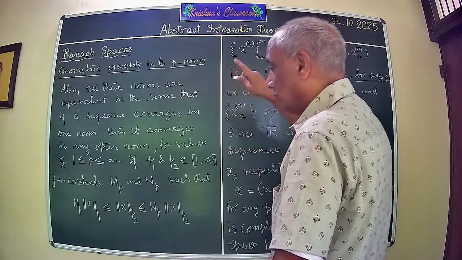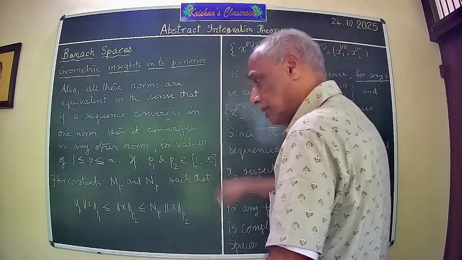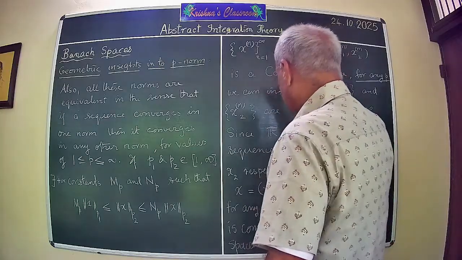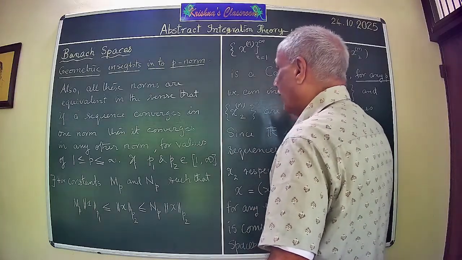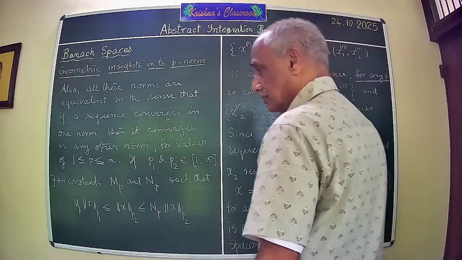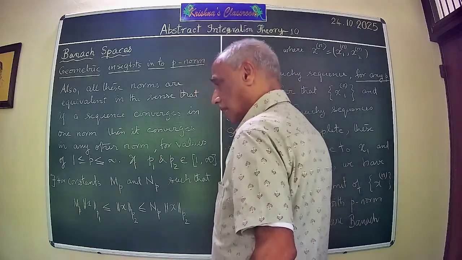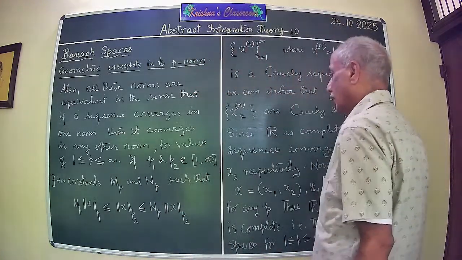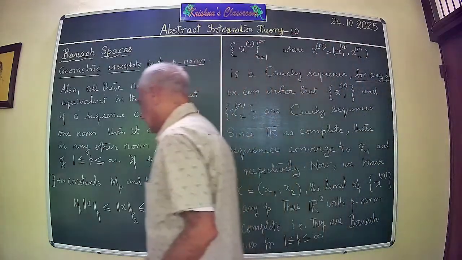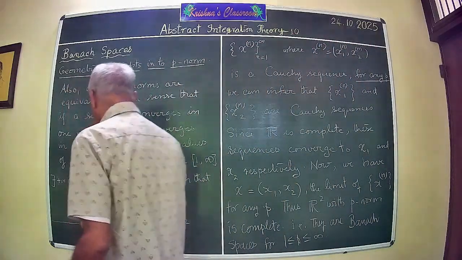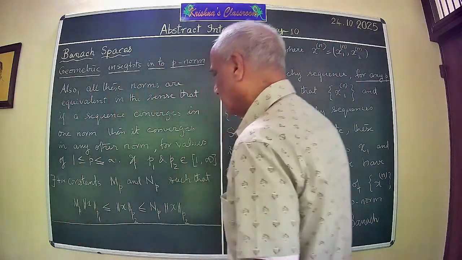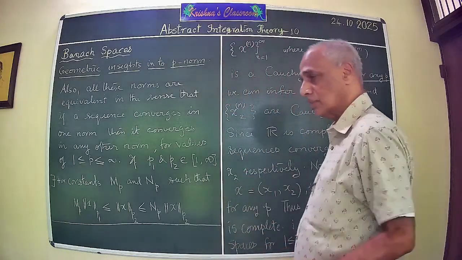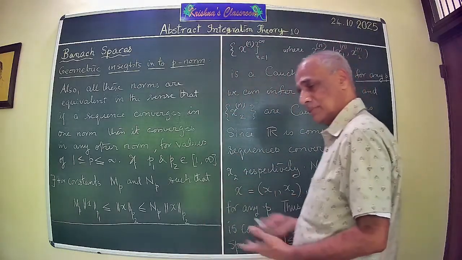In the finite dimensional case, they are all going to be the same. So whatever statements I have made here are equally valid for Rn, with the corresponding norms. You can write down the corresponding norm and then work with it.